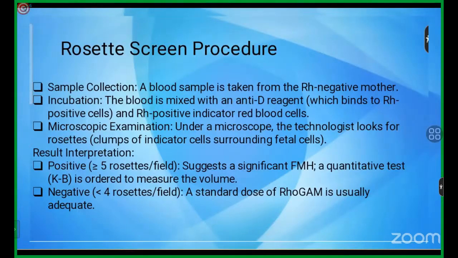Under the microscope, we are going to look for rosettes, that's clumps of indicator cells surrounding fetal cells. As we saw, the fetal cells are usually intact during acid dilution, but here we are checking whether there are rosettes forming around these fetal cells.